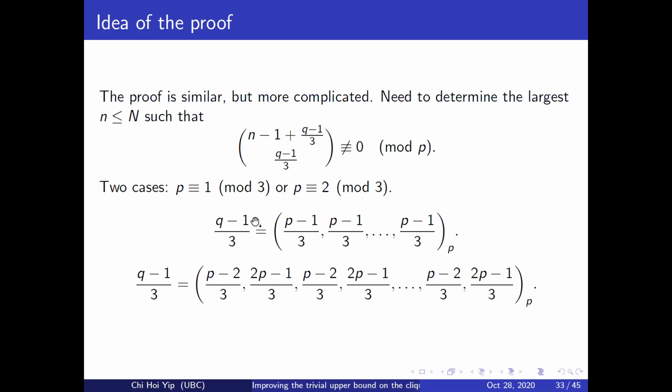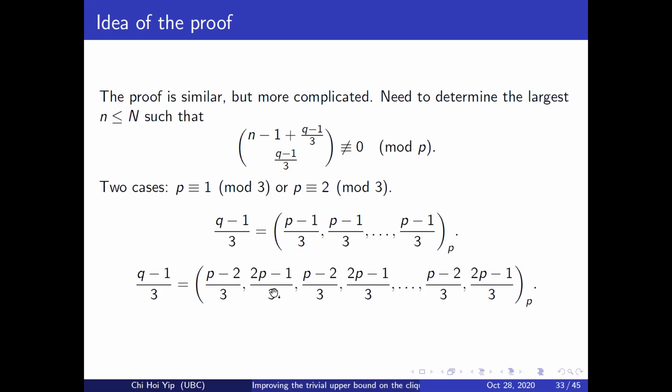In this case, this base P representation will be very simple because every digit is exactly P-1/3. And the second case is that P is congruent to 2 modulo 3. In that case, the base P representation will have a period 2, and in each period it will be P-2/3 followed by 2P-1/3.